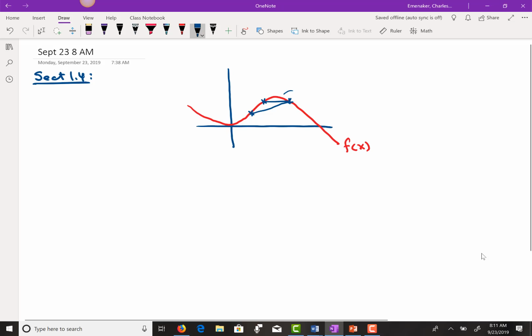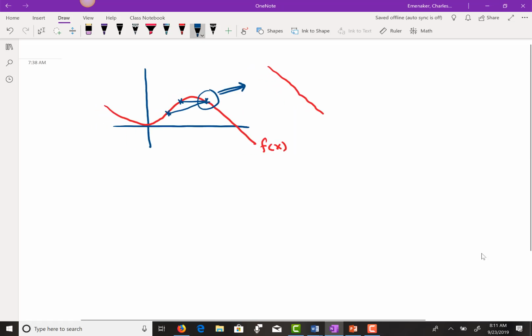If we took an electron microscope and enlarged this, we would have our point of interest there, and we would slide the other point really close, and what we would be looking at would be the line segment connecting those 2 points. The distance between the points approaches 0.